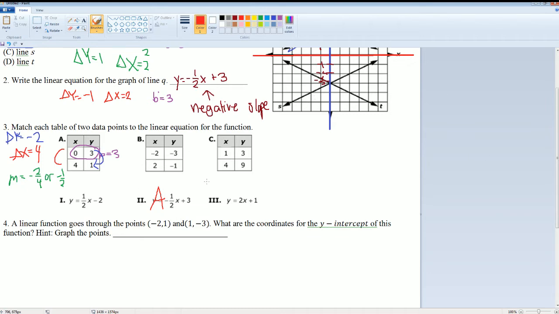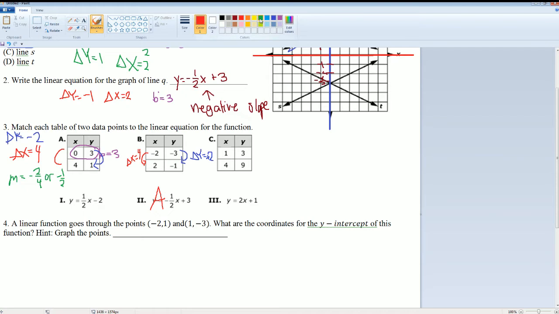It's really hard to get the y-intercept here, but we can get the delta x's and the delta y's. Let's do the delta y's first. How do you go from -3 to -1? Are you adding or subtracting? We're adding 2. Then your delta x, from -2 to 2, you add 4.